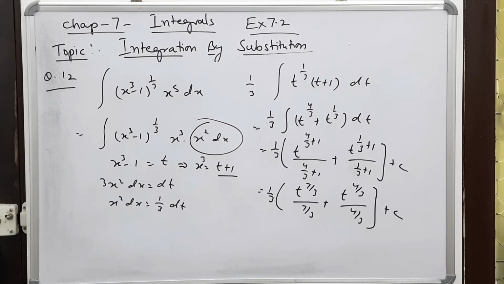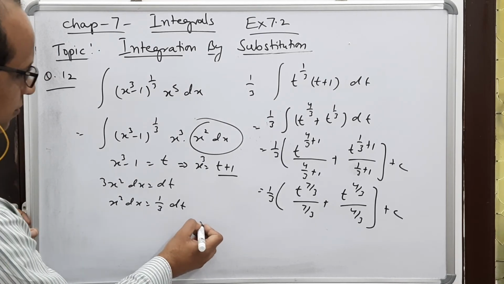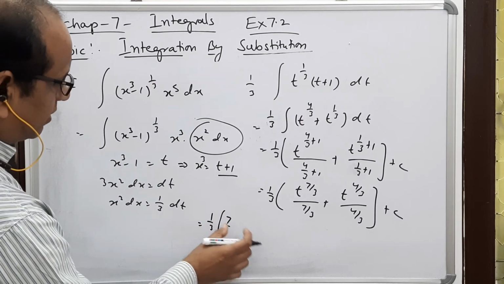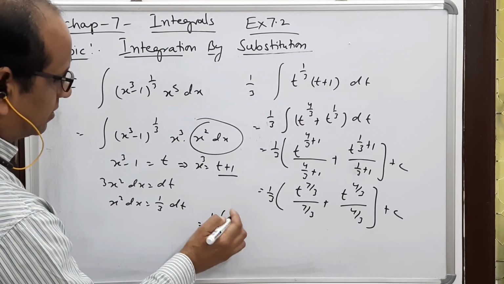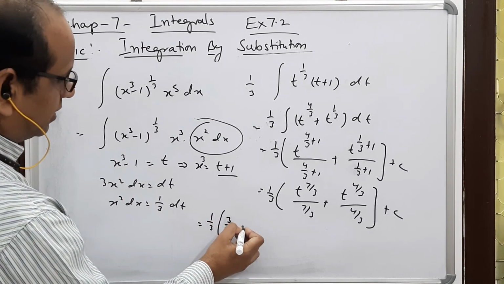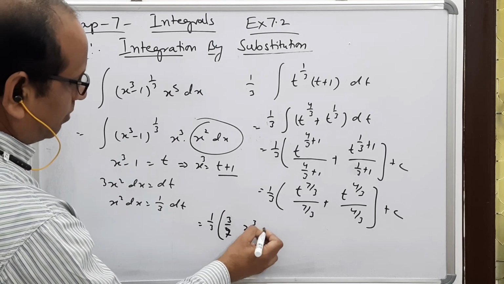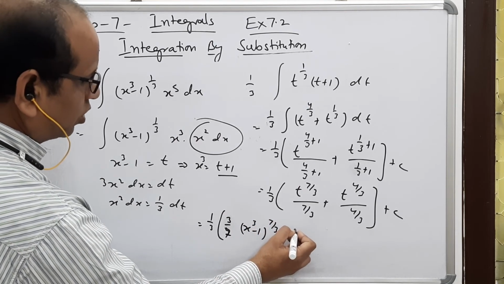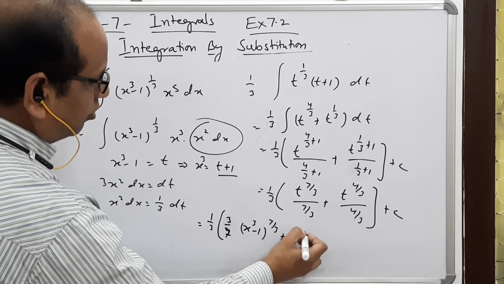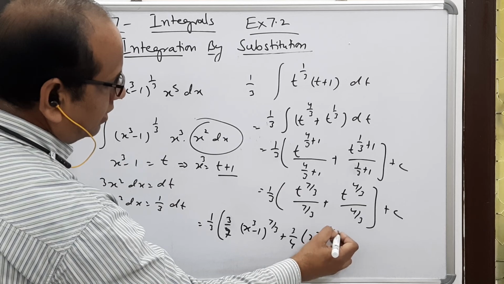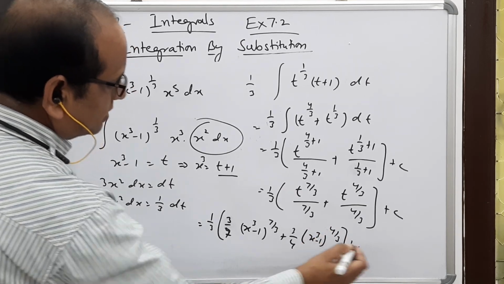And the final step is you put the value of t here. So 1 by 3, the 7 by 3 will become 3 by 7, and (x cube minus 1) power 7 by 3 plus 3 by 4 and (x cube minus 1) power 4 by 3 plus c.